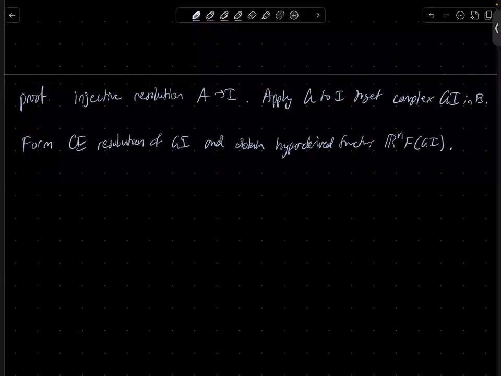There are two spectral sequences converging to this R^n F of GI. First, there is one with E2^{PQ}, which is H^P R^Q F on GI. This converges to R^{P+Q} of F on GI.